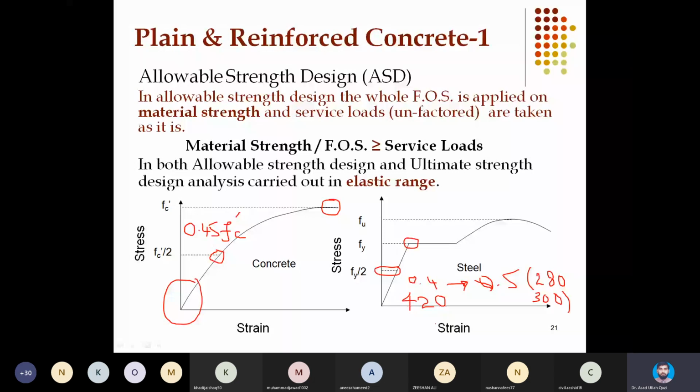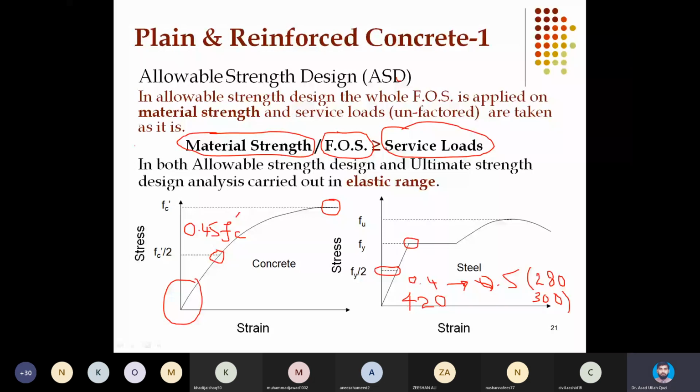So it means total factor of safety is on the material side, that you are not putting any factor of safety on the service loads, but all factor of safety is on the material strength, and you are using the material strength hardly 50%, almost 50% of their maximum or peak.